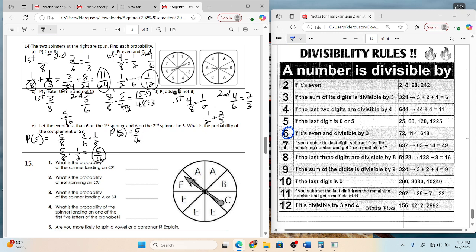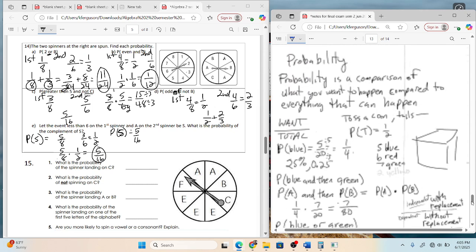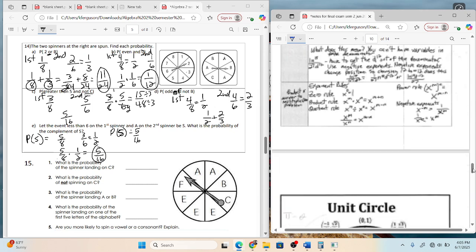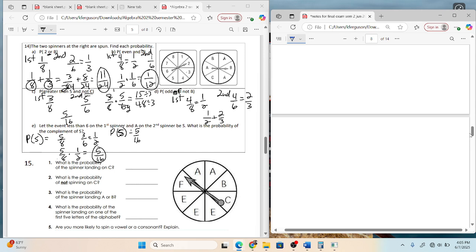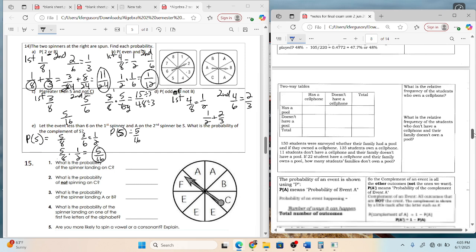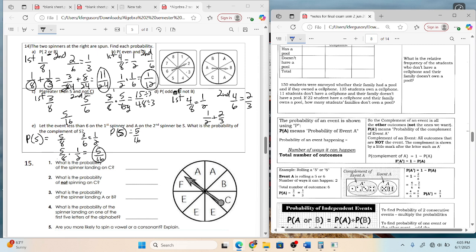So now we got to deal with the complement. So the complement of probability, that is this page right here. The complement of an event is all other outcomes, not the ones we want. So P of A prime, or that little hash mark, is the probability of the complement of event A. Complement of an event is all outcomes that are not the event.